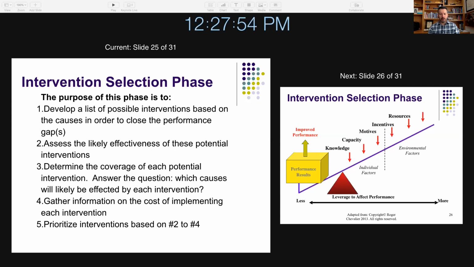But we want them to go to a short training, and at that training, we're going to go ahead and introduce them to this new guide that we're going to have in the workplace, this job aid. And so the training is actually how to use that job aid that's in the environment. So that would be an example of a solution that actually addresses both those causes.